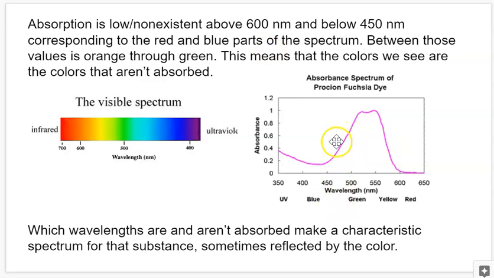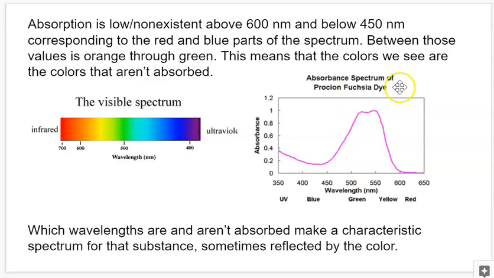And then below 450, we can see that they aren't really absorbed either. And we have a big absorption kind of in the middle here between 450 and 600. And if we think about the colors that are associated with those, over here is the red, over here is the blue, and the colors that are being absorbed are like the green and yellow and orange.